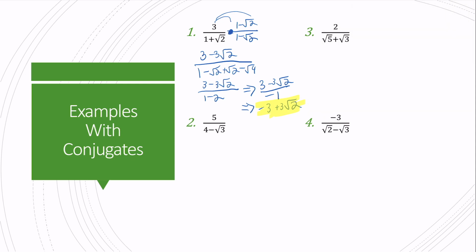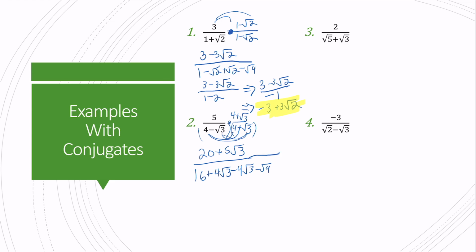For example 2, I'm going to multiply by 4 plus root 3, because that's the conjugate of 4 minus root 3. So I have 20 plus 5 root 3 over 16 plus 4 root 3 minus 4 root 3. Again, what I'm doing is I'm FOILing 16 plus 4 root 3 minus 4 root 3 minus the square root of 9.